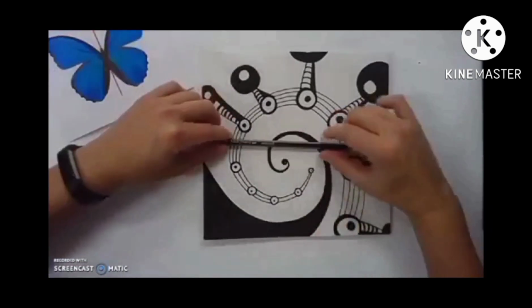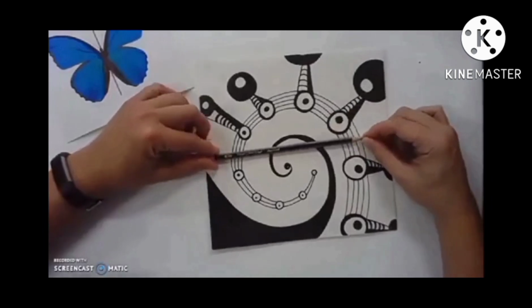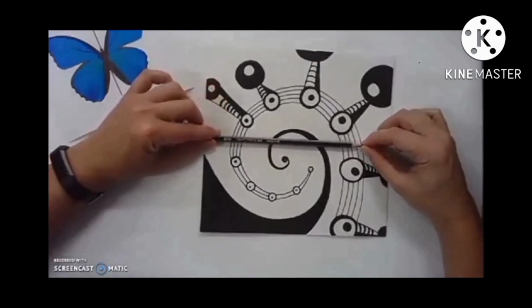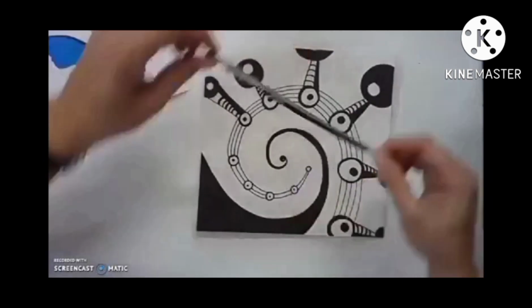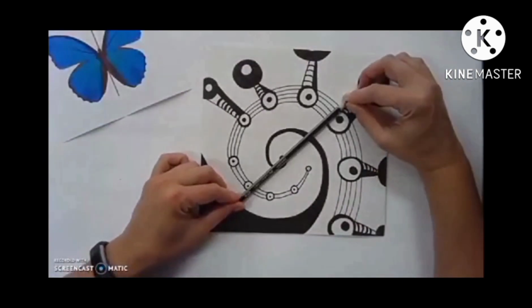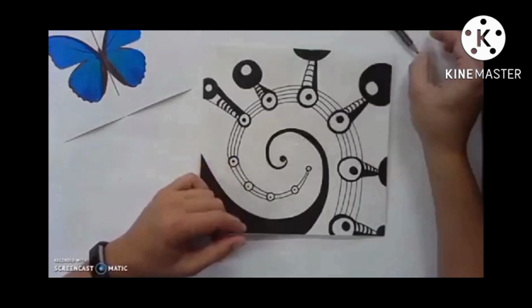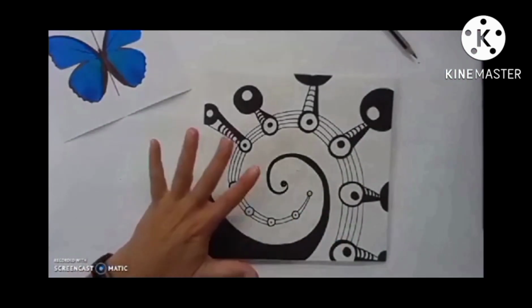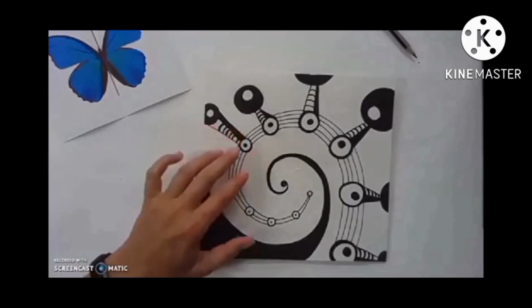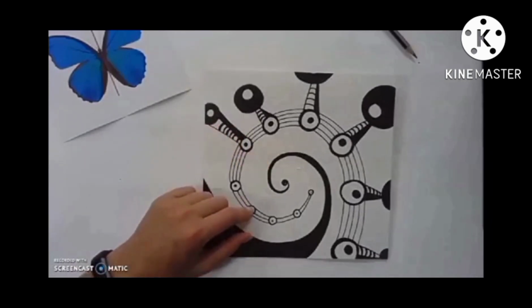If we folded it this way, it's going to be different. Okay? So asymmetrical balance design means it's an unequal distribution of visual appearance.